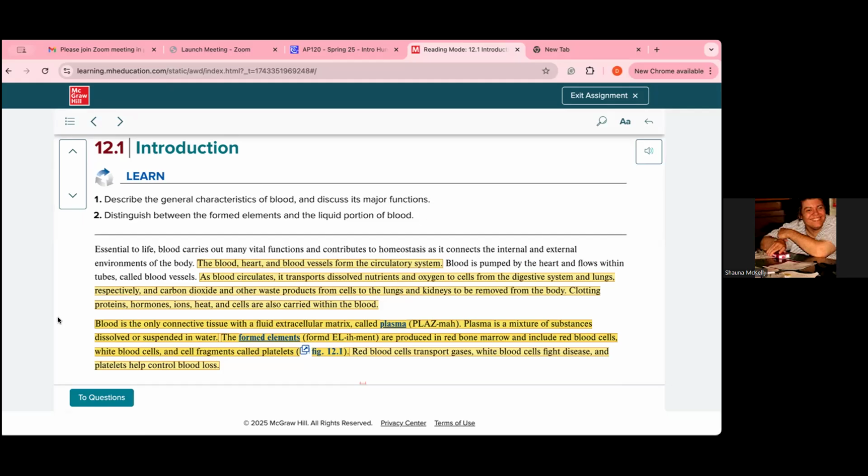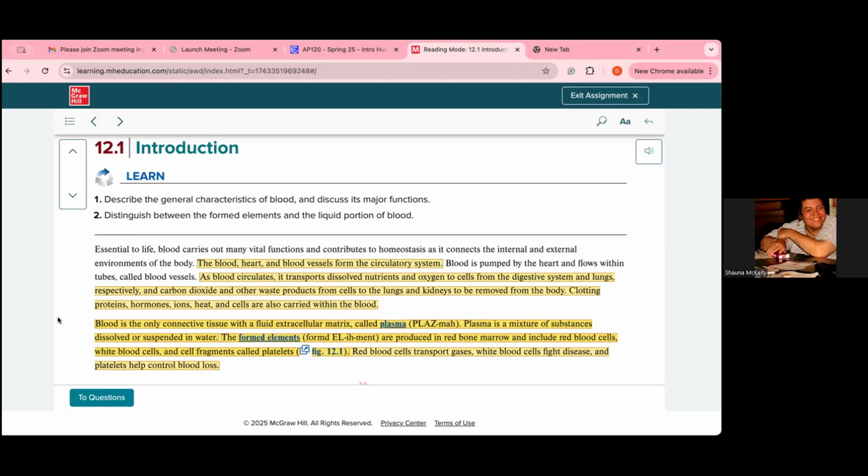Blood is pumped by the heart and flows within tubes called blood vessels. As blood circulates, it transports dissolved nutrients and oxygen to cells from the digestive system and lungs, respectively, and carbon dioxide and other waste products from the cells to the lungs and kidneys to be removed by the body.